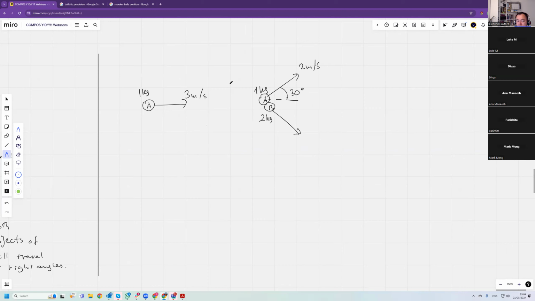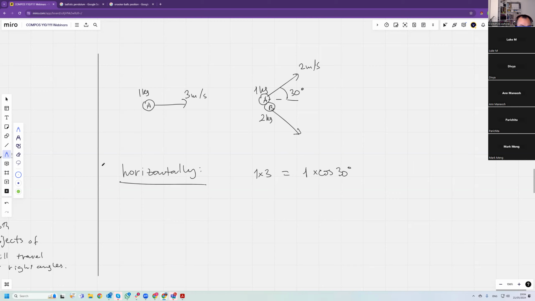What can we do? We say that the horizontal momentum is conserved and the vertical momentum is conserved. So horizontally, the momentum before, that's 1 times 3. 1 times 3 is the total momentum, equal to, well, 1 for this ball, 1 times 2 cos 30 degrees.